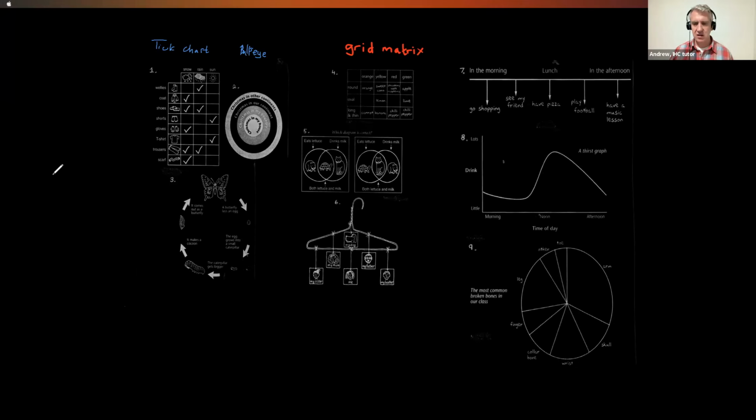So which of those is it? Is it a Venn diagram? Is it a pie chart? It's not a grid or a matrix. It's a flow chart, yeah, flow chart, because it shows a process, doesn't it?